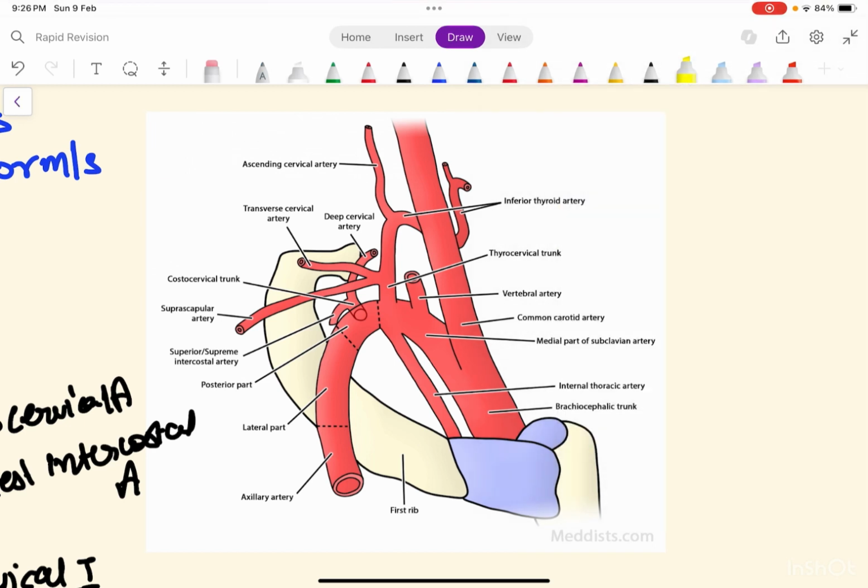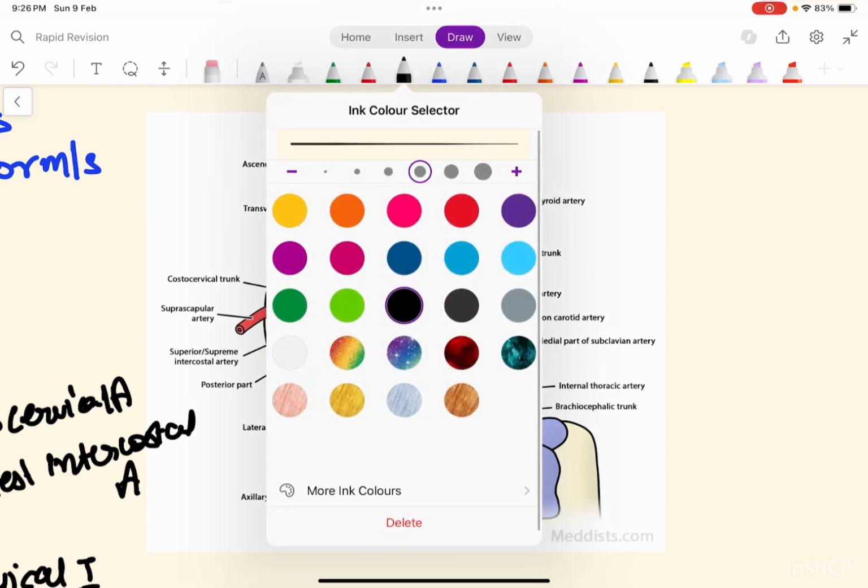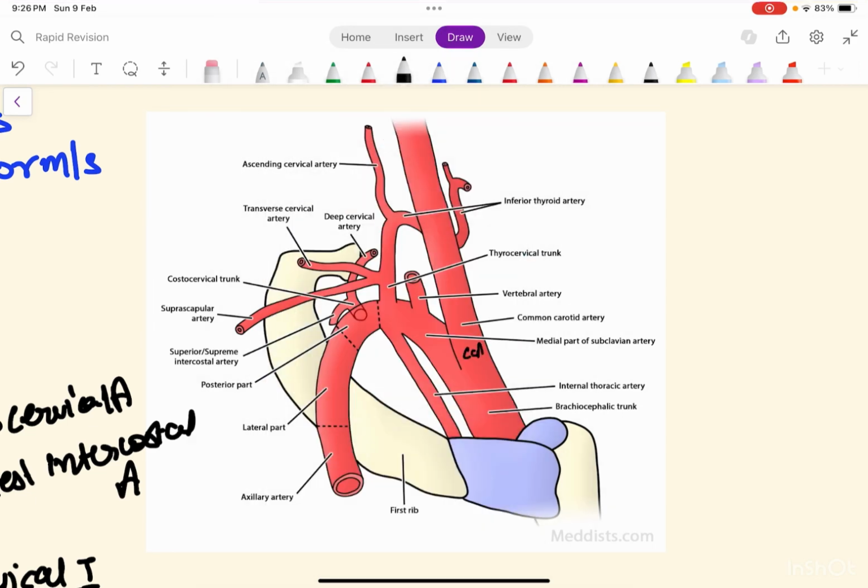All right, now let's go through the diagrams. First, let's see this diagram. This is our common carotid artery. Coming over here, first we have the vertebral artery, then we have the thyrocervical trunk.